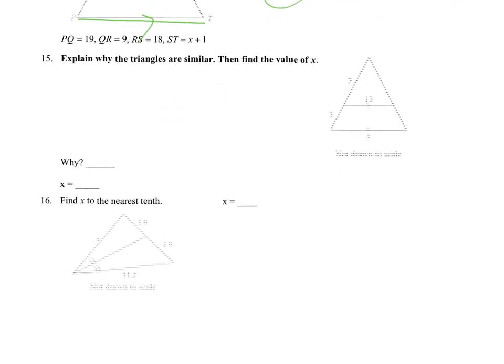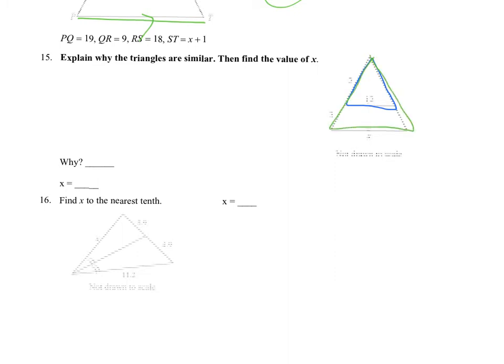Okay, number 15, we're going to explain why these two triangles are similar, then find the value for x. So we've got this small triangle, and then we've got the larger triangle. We've got 5 here, 12 here, 3 here. This is x.